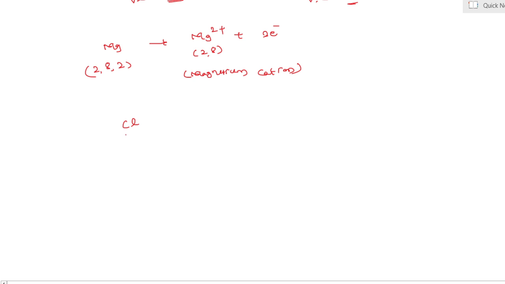Chlorine, 2, 8, 7, plus an electron gives Cl minus, 2, 8, 8, the chloride ion. On one side there is gaining of an electron and on the other side losing of an electron.